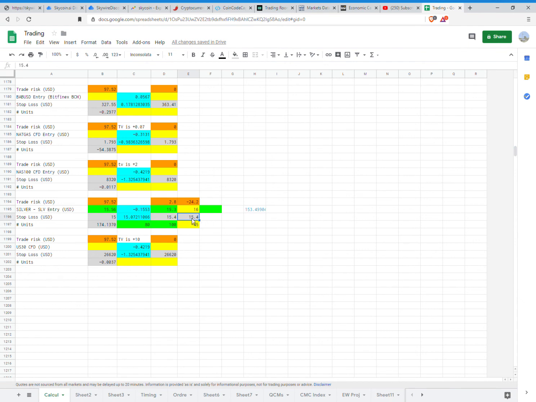But at this point, let's say I want to make sure I don't get stopped or have very little chance to get stopped, I might say, oh, I have the chance to put my stop even further. I mean, it might not be a good strategy, but just for the sake of explaining how this can be done. So I play around with the numbers until I find something that makes sense.